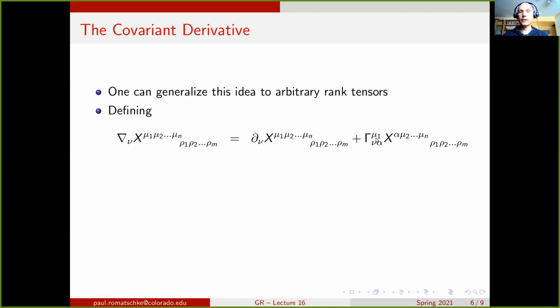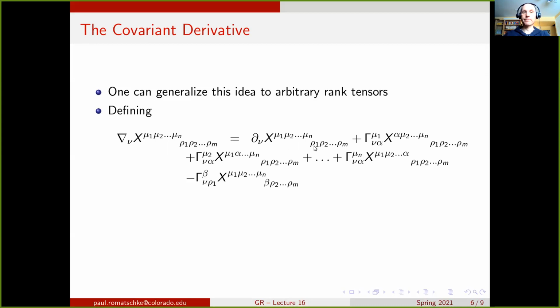So this is the first index, mu1. We have to add a second one for mu2. And then we go on all the way to the last index, mu n. And then for the downstairs indices, we do it in a similar fashion. The only difference is that we add a minus sign for the downstairs index. So we have a minus gamma beta.